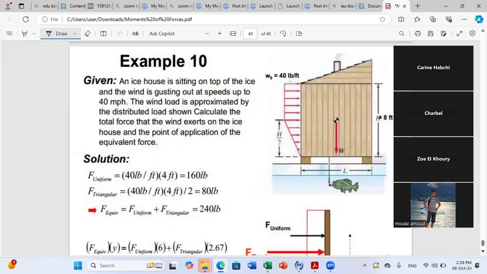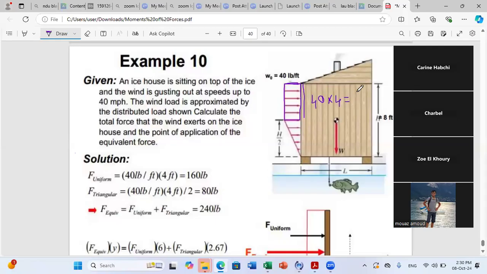You have here one triangular load and one rectangular load. The rectangular load, you can replace it by a force first equal to the area of the rectangle. What is the area of the rectangle here? You have 40 here times this distance, which is 4. So 40 times 4, you have here 160.